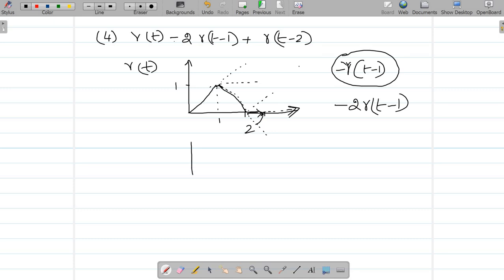Finally, summarizing, we have got a triangular signal having an amplitude of 1, and the vertices are 0 here, and again a 2 here. So this is how we have to sketch this signal.